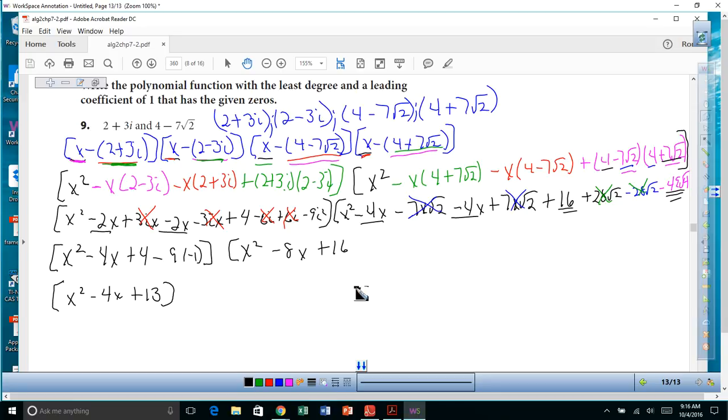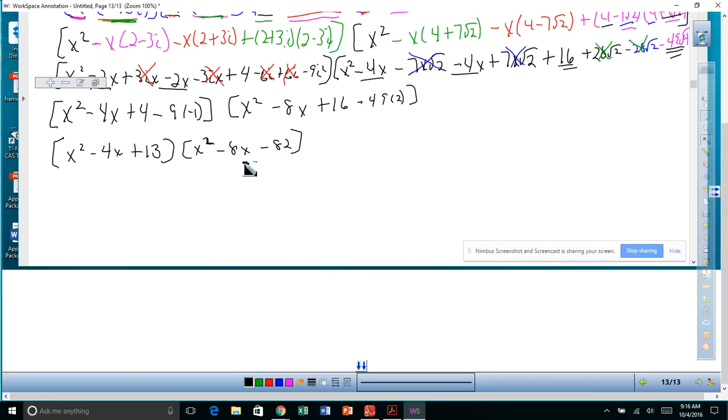What's the square root of 4? That's 2. So that's going to be minus 49 times 2. Okay. So we end up with x squared minus 8x, and 49 times 2 is 98, negative 98. So you've got 16 minus 98, and that's going to give you minus 82.